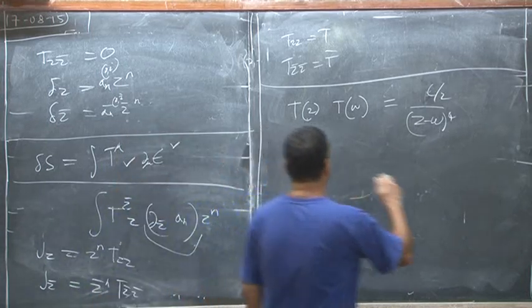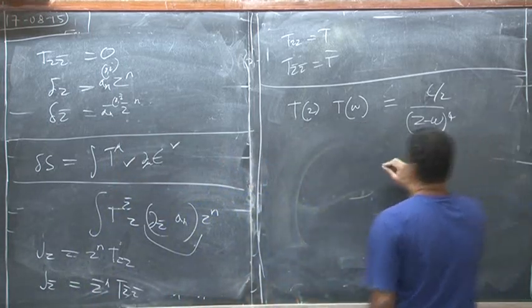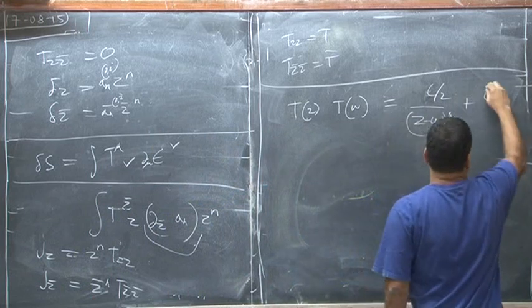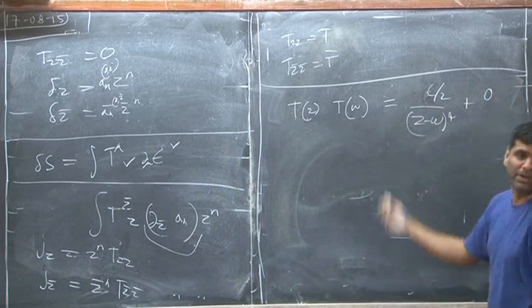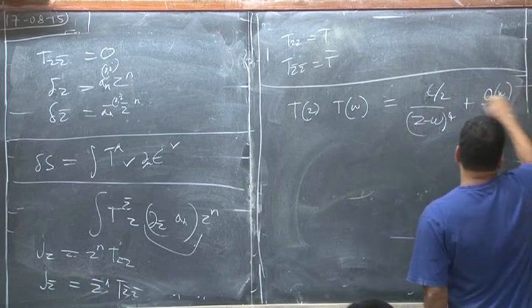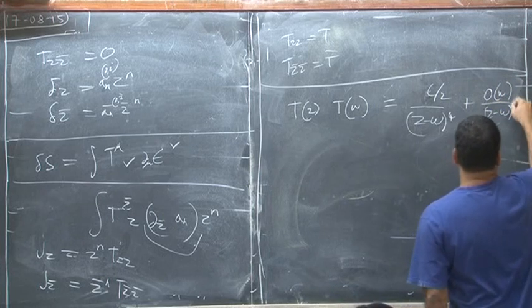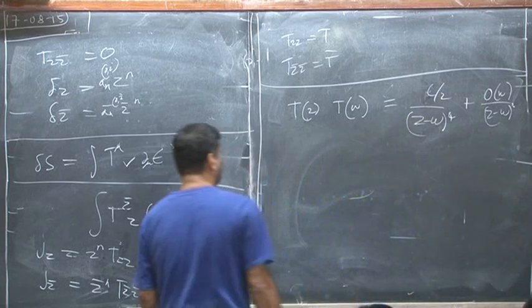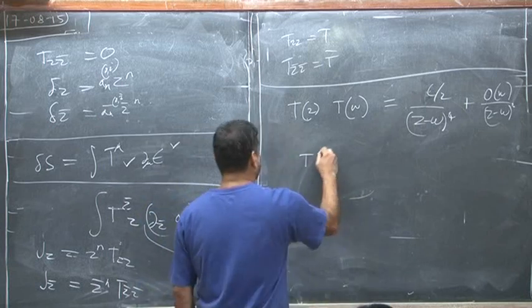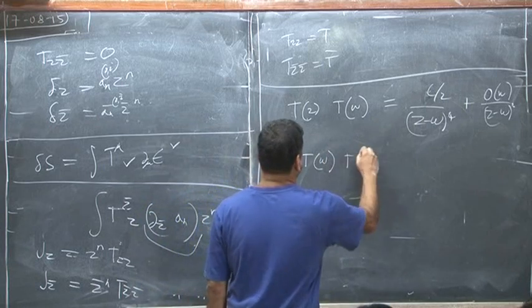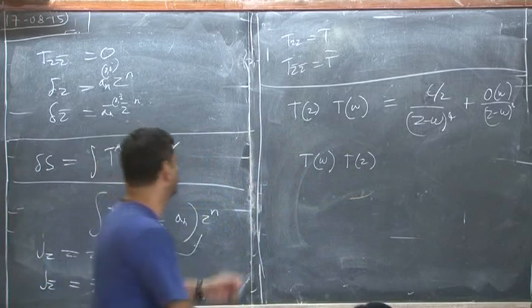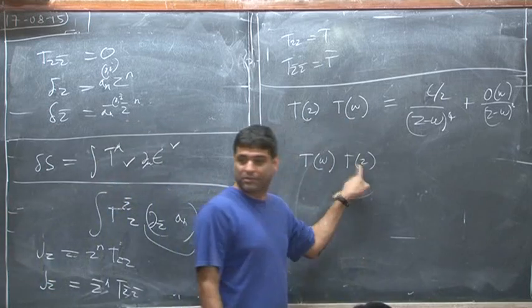You see, suppose there was some operator of dimension 1, of w over z minus w cubed. Then we would get T of w, T of z, and there's no difference between w and z. Just do the operator product expansion around point z.